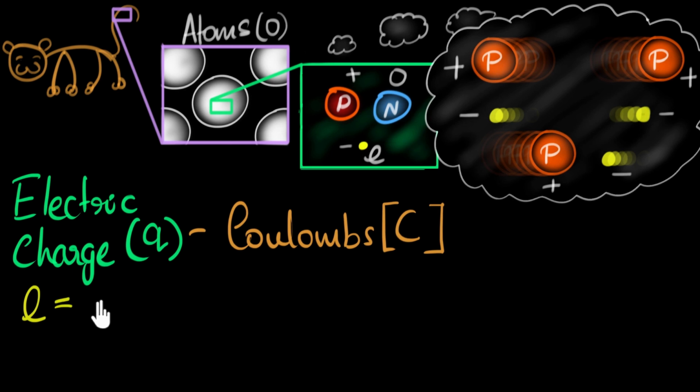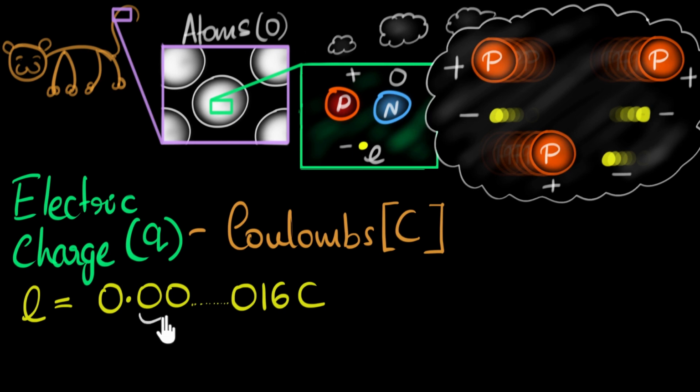Let's see, we write it as 0.00, and there are so many zeros, I can't write them all. 0, 1, 6, and some other numbers, coulombs. And the number of zeros over here is 18. There are 18 zeros in between. Just goes to show you how small the charge on the electron or the proton is.